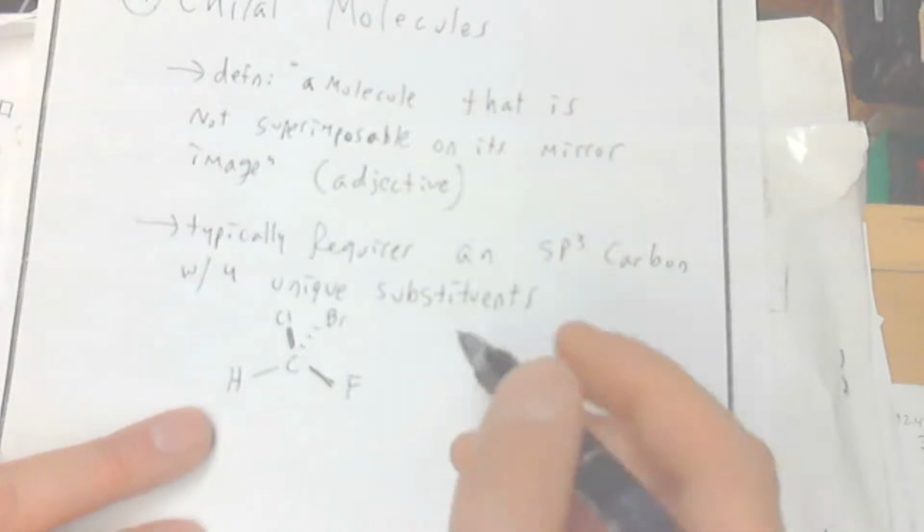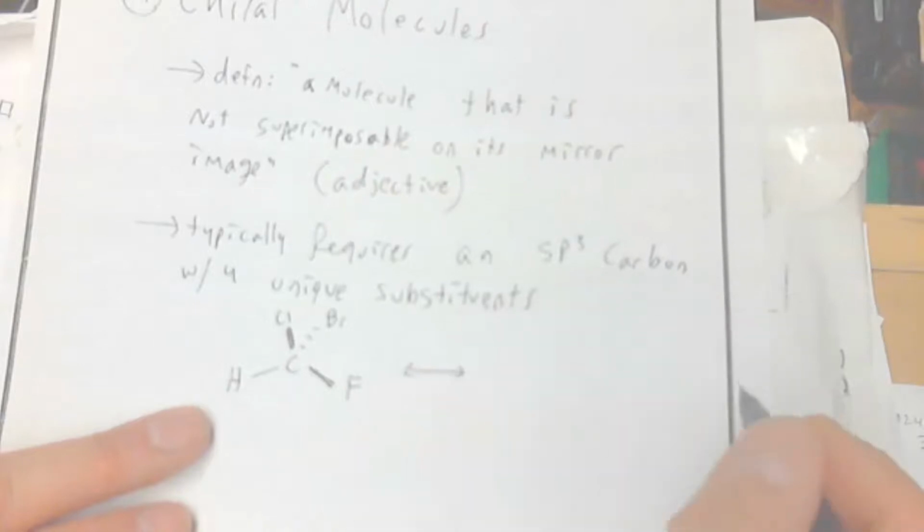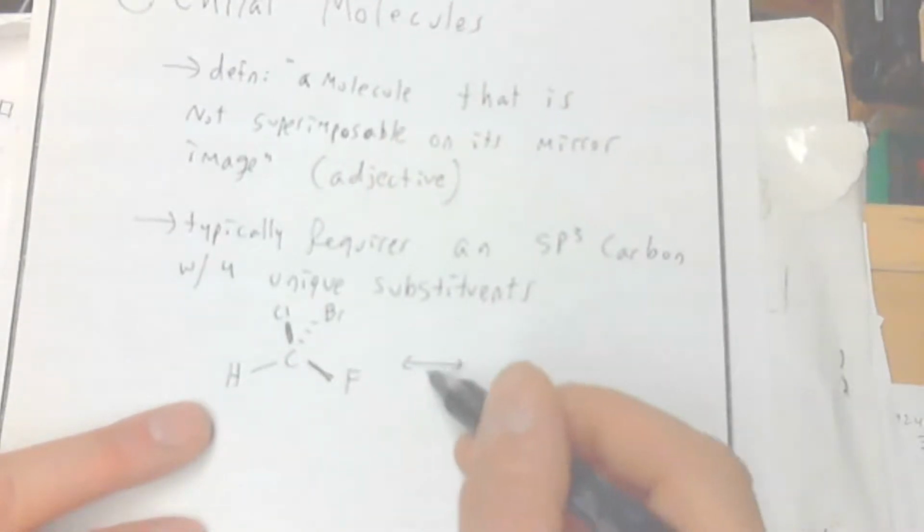I'm going to draw it a different way, and I'm also going to have my little arrow, like a resonance arrow, and I'm going to write EN. I'll tell you what it means, but it basically refers to a non-superimposable mirror image. EN is an enantiomer.